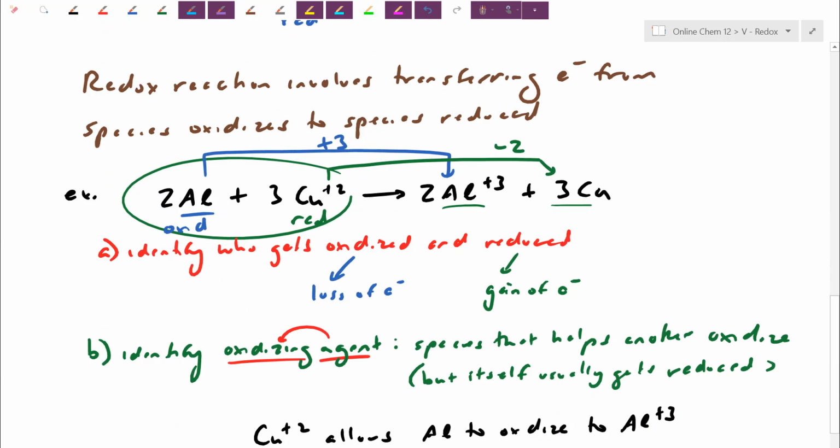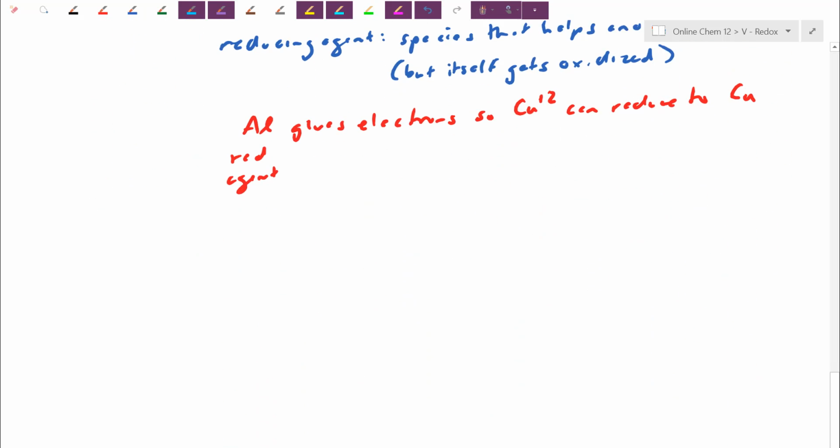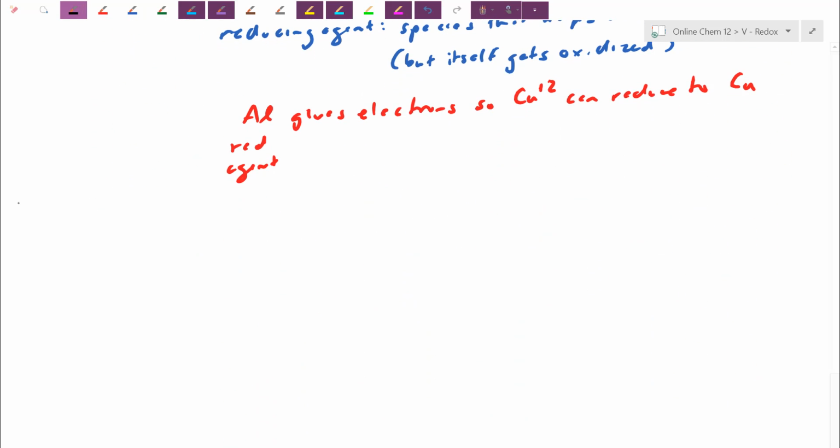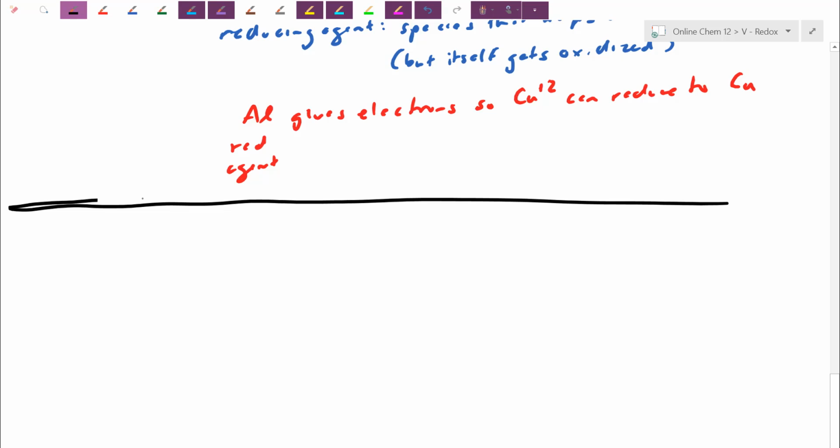So what we're going to do here is create a new system. This system is going to assign something called oxidation numbers or oxidation states. We're going to make up some numbers so that if this number goes up, we know it's oxidized. If this number goes down, we know it's reduced. There's actually no chemistry in these rules, but it simplifies things a little so we can track and label who's oxidized and who's reduced.